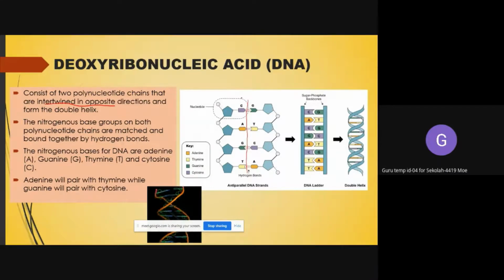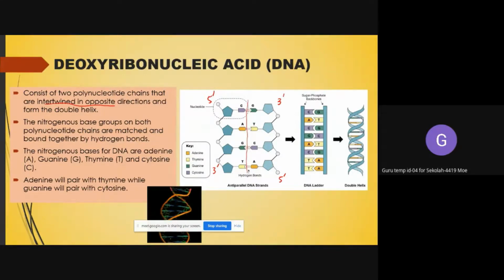Yang ini direction dia adalah 5' to 3', dan direction untuk polynucleotide ni 5' to 3'. Sebab tu dia cakap dia link in opposite direction, and dia bentuk double helix.